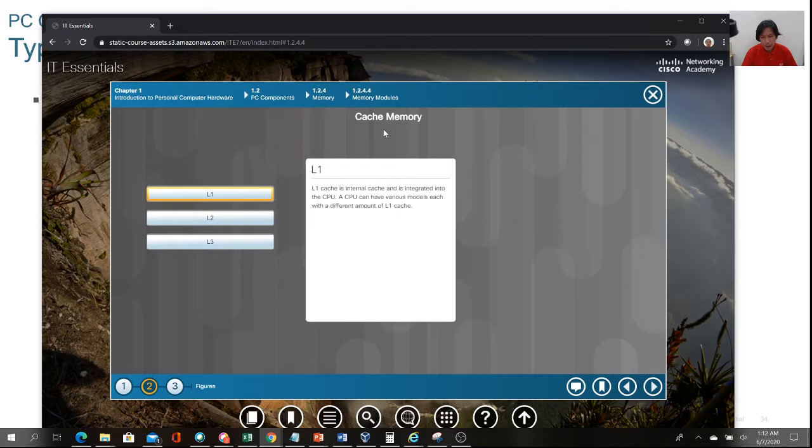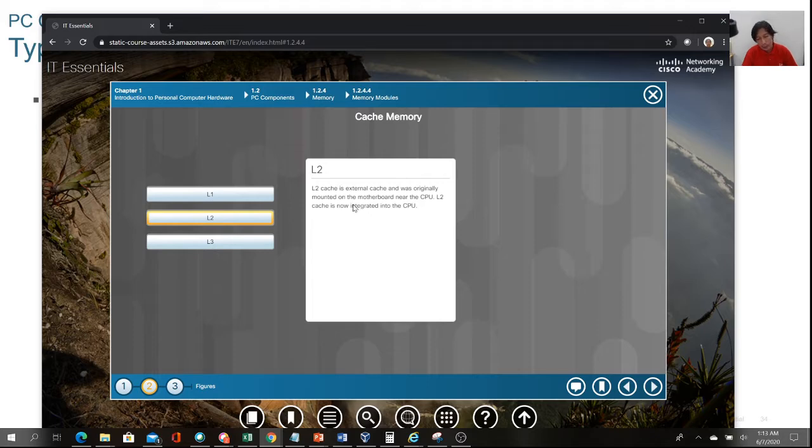We also have the cache memory. L1 cache is internal cache and is integrated inside the CPU chips, the central processing unit chips. A CPU can have various models, each with a different amount of L1 cache. L2 is external cache and was originally mounted on your motherboard, but L2 cache is now integrated into your CPU.